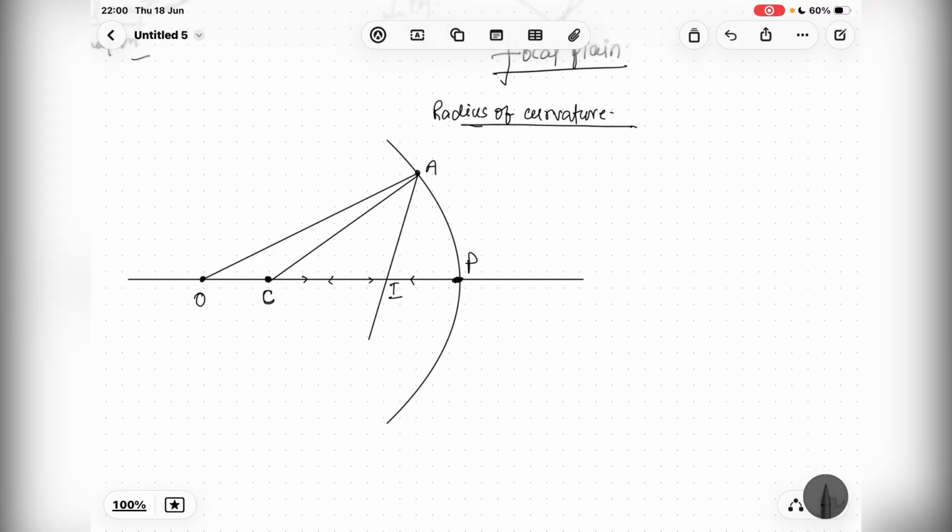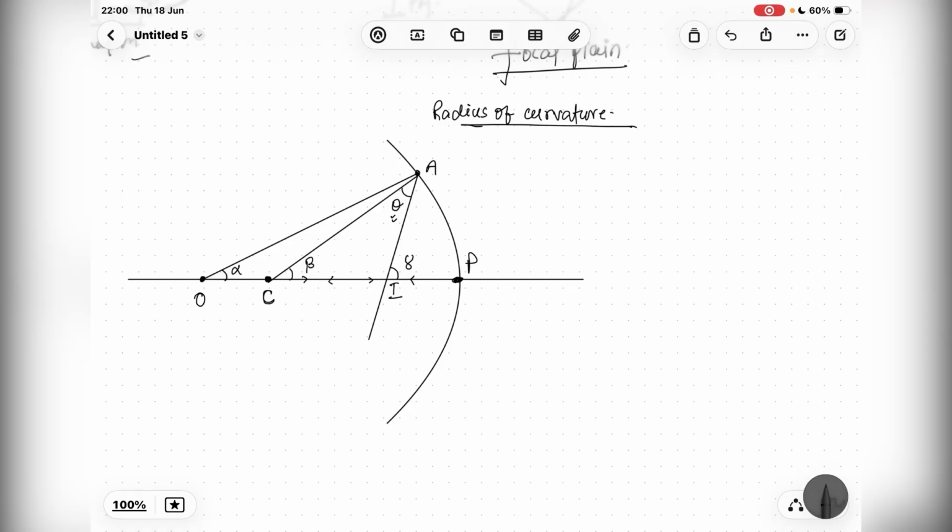Now let's start naming the angles. Let's say this angle is alpha, this angle is beta, and this angle is gamma, and this angle is theta.